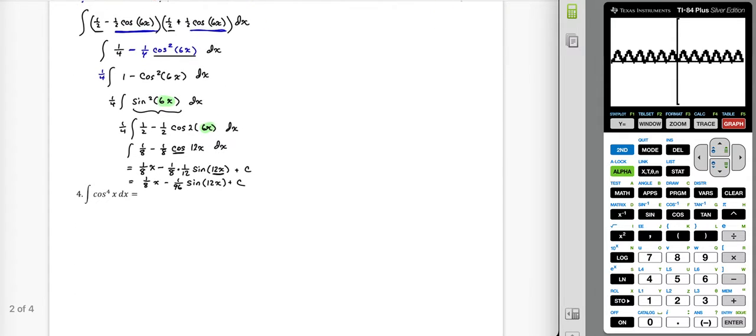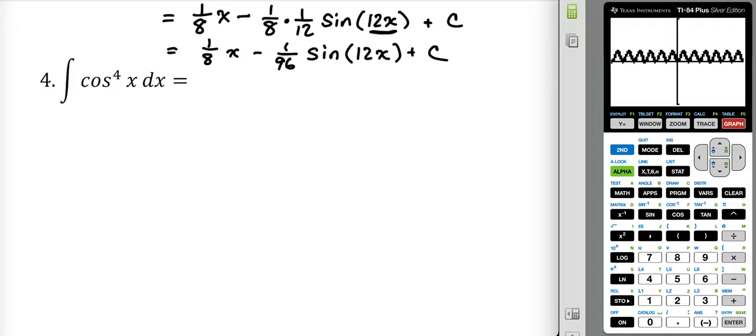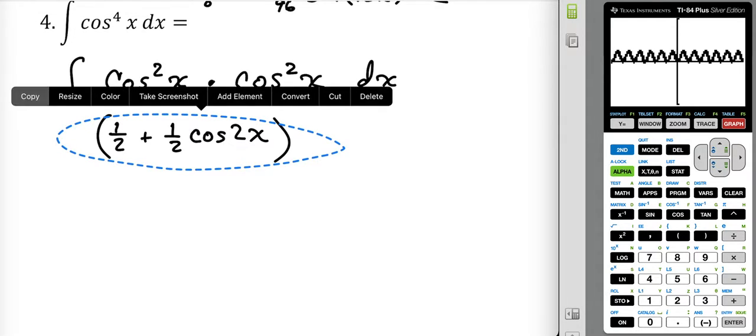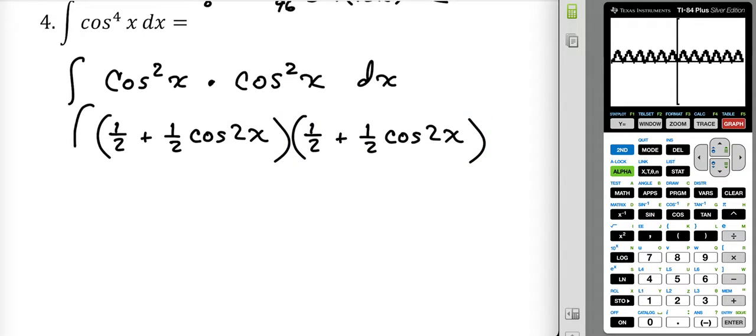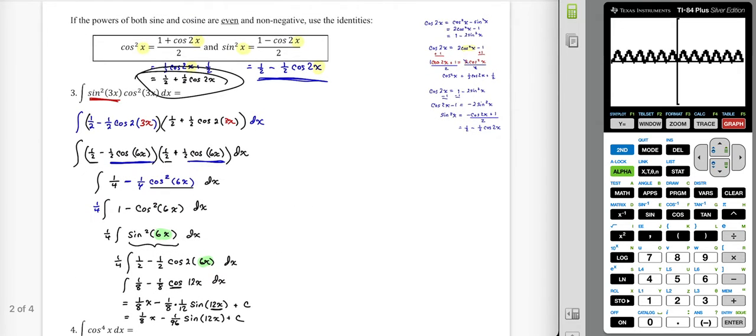Number 4, you can see cosine to the 4th of x. We could write that as cosine squared x times cosine squared x, which in turn would become 1/2 plus 1/2 cosine 2x times itself. Again, all I'm doing is applying a rule.